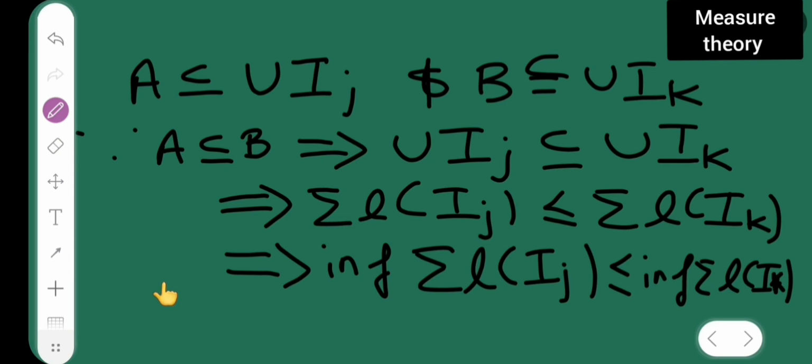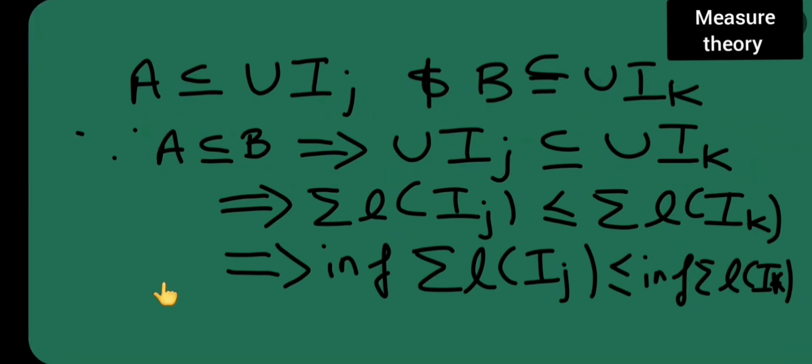Now, by definition, this implies that the outer measure of A is less than or equal to the outer measure of B.